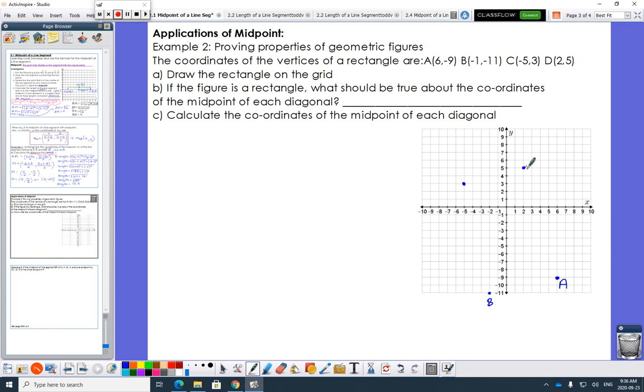Sometimes the question will tell you what the shape is, so it says that this should be a rectangle. Okay, so if you don't get a rectangle, then go back and check.